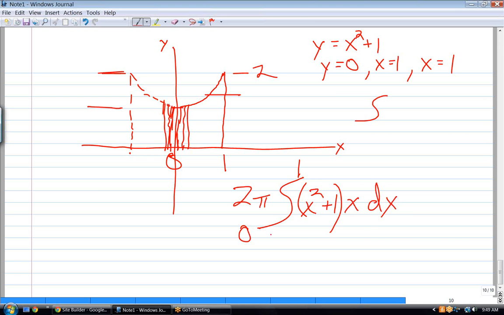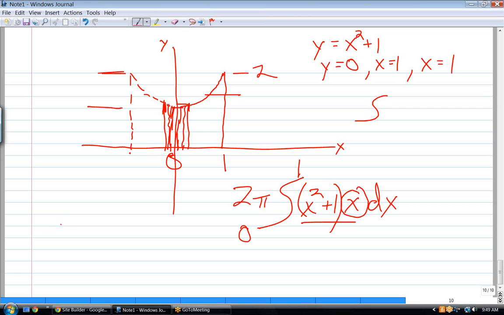Tell me why the radius is x again. If I'm looking at each shell here, let's take this outside shell that I drew. What is its radius? It's the measurement in that direction horizontally, and that's the x point of this function. So that's where I get this x from. The other x squared plus 1 is the y portion.